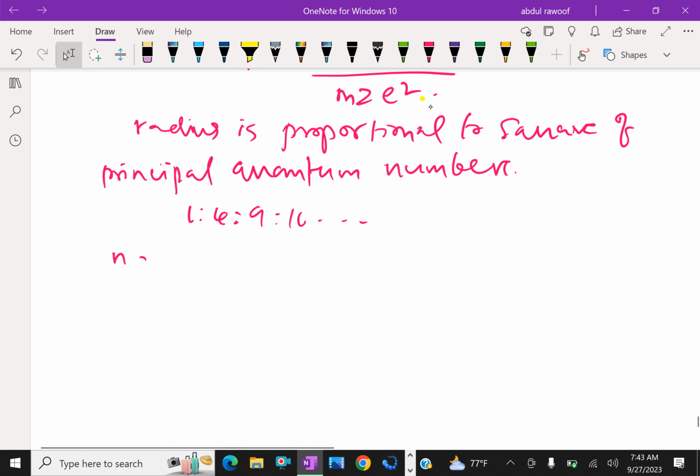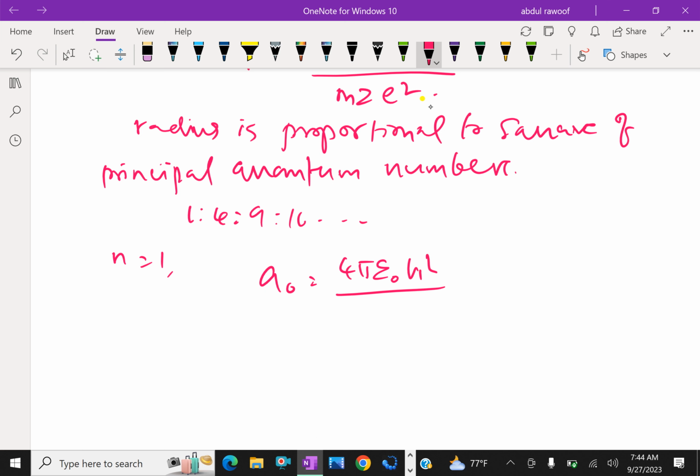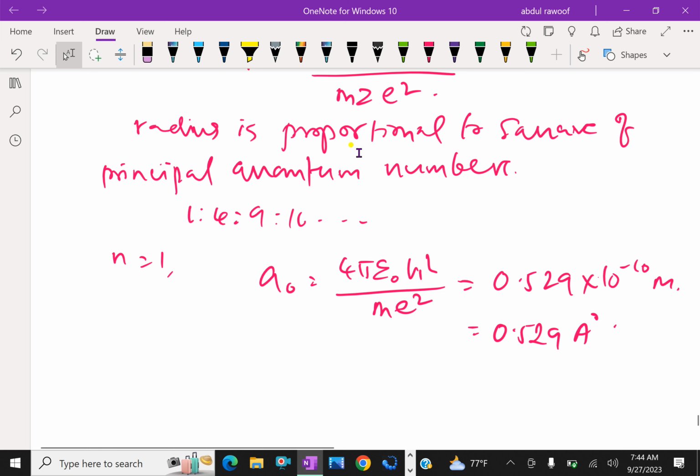Therefore, if n equal to 1, the orbital radius is r0, equal to 4 pi epsilon 0 h squared over m e squared, which by calculation is 0.529 into 10 raised to minus 10 meter, which is equal to 0.529 Angstrom. This means the radius of the orbit of the electron in hydrogen is 0.529 Angstrom.